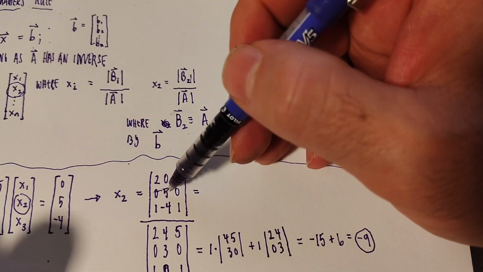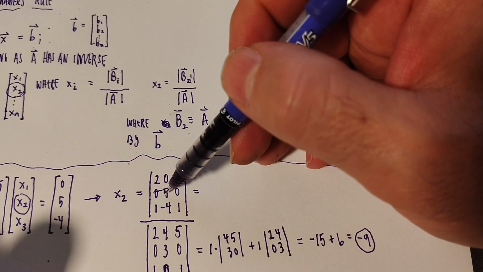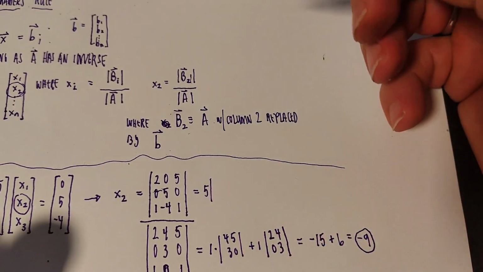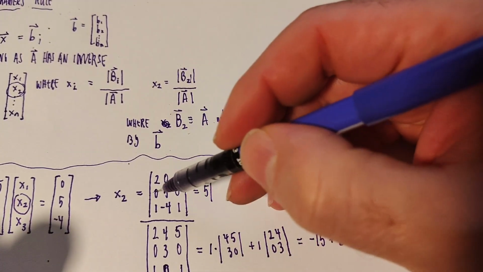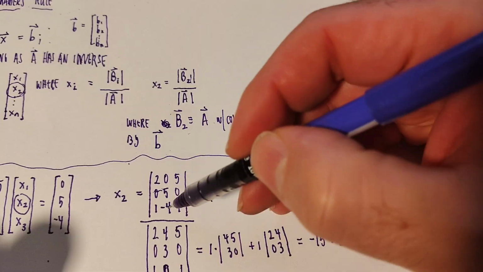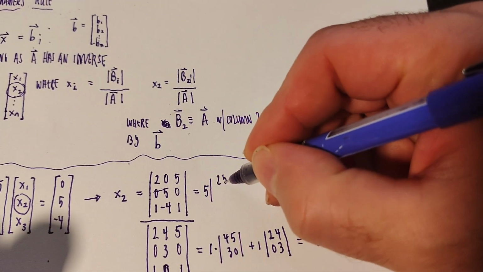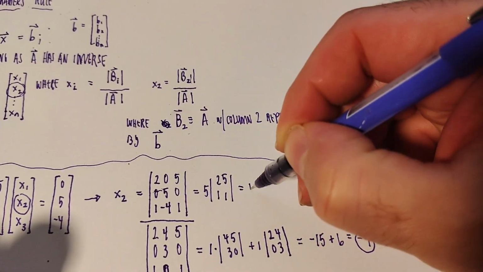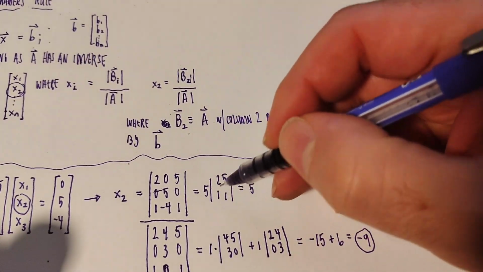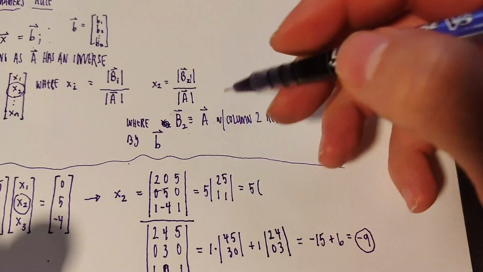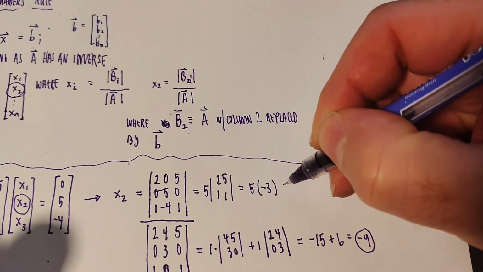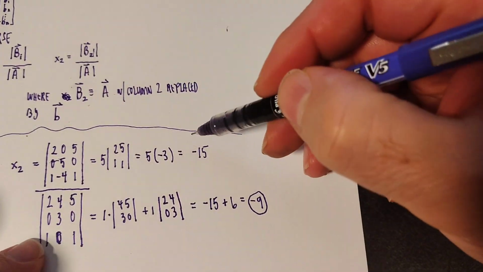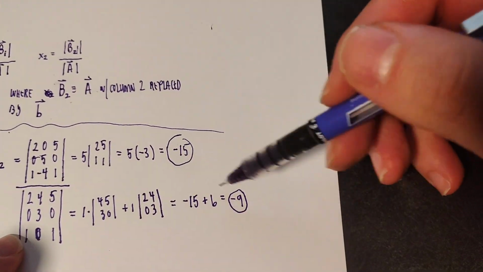And then this is row 2, column 2, so 2 plus 2 is 4, a positive entry, so it's going to be 5 times the resulting matrix where we get rid of the second row and the second column. So it's just 2, 5, and 1, 1. That's equal to 5 times 2 minus 5. 2 minus 5 is -3, so that equals -15. Right? So we just take the ratio of these two.